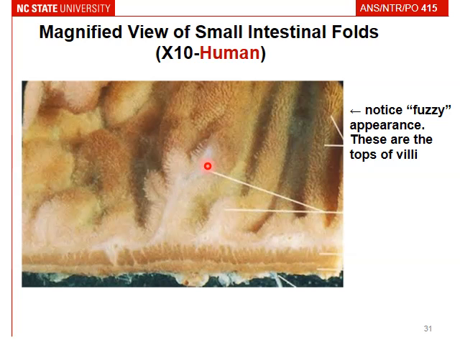You can see these folds within, and on these folds we have these villi. All of that is what's increasing the amount of surface area. On top of those villi, each one of those cells has what we refer to as microvilli, which is increasing the surface area even more, and that allows us to absorb even more of the nutrients.